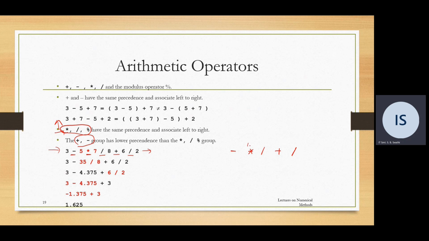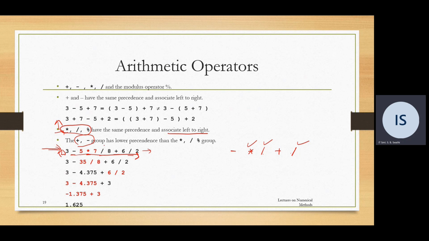Now you see here, I have multiplication, division, and again division. These three should be executed first. Now the question is, among these three, which one is to be executed first? For that, some precedence rules are given. Association is also given. Here the direction is indicated from left to right. That means when you are evaluating the expression, the left side starts with 3, and it has to move along this direction to the right side.